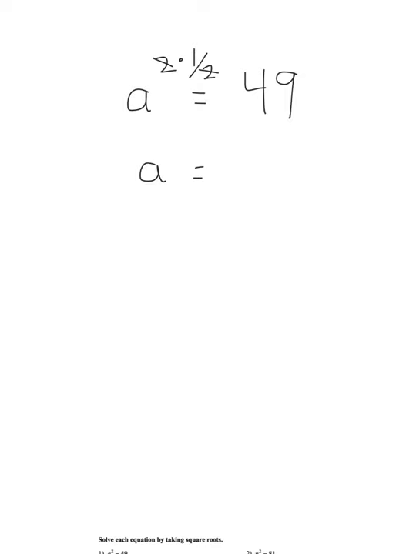But remember, what you do to one side, you have to do to the other side. So since we multiplied the exponent 1/2 on the left side, we have to do that on the right side as well. So 49 to the exponent 1/2, if you put that into the calculator, it's the same thing as saying the square root of 49, which again is plus 7 and negative 7. Positive and negative 7, which in set notation again is 7 comma negative 7.